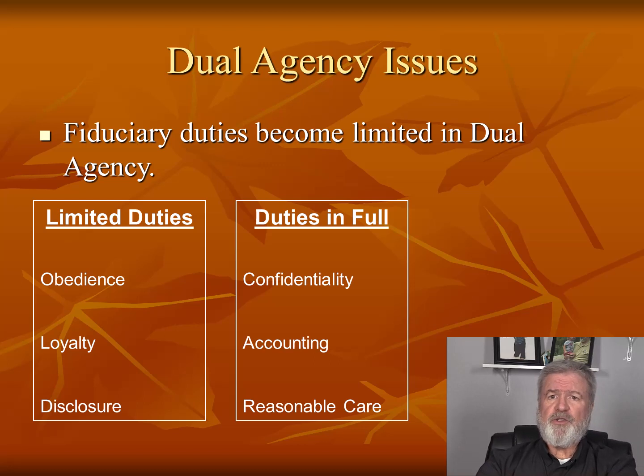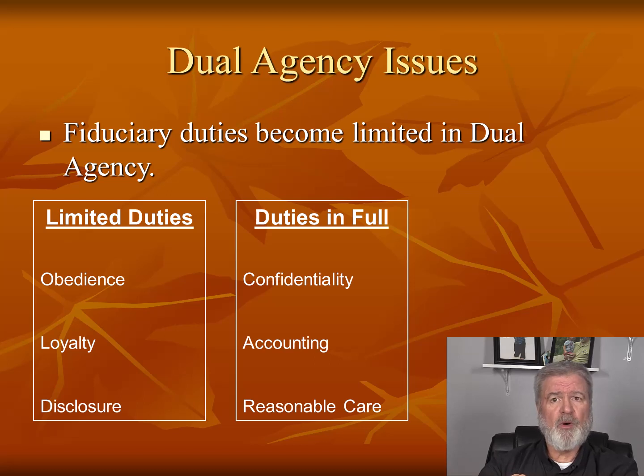So basically what you would have to tell both buyer and seller, if dual agency is going to be an option here, is that of the 6 fiduciary duties that I owe to each party, 3 of the 6 become limited. Now I still owe all 6, but again, three duties are limited.